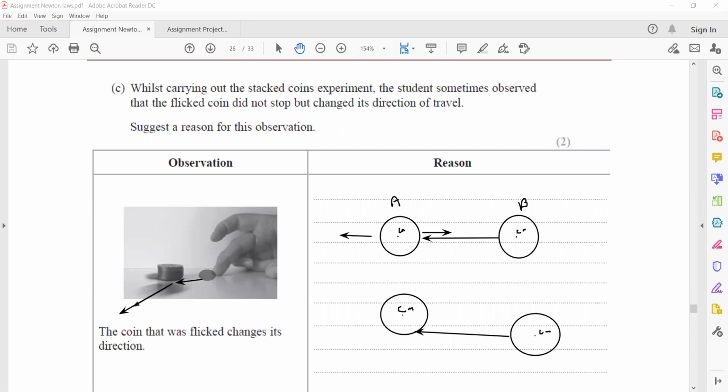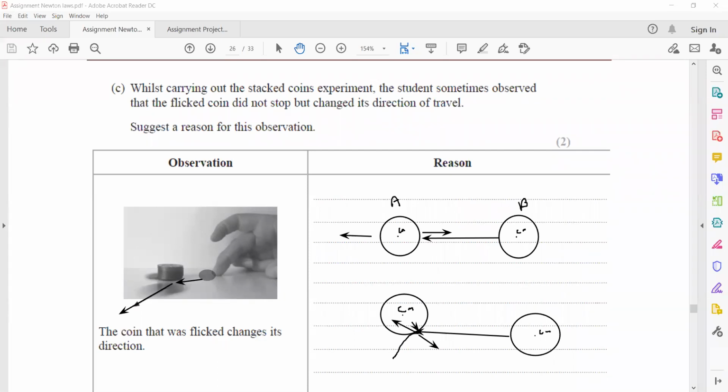But here, when it is at a certain angle, not exactly colliding head-on, B applies a force on A, and A applies a force on B. So this force causes the change in direction.